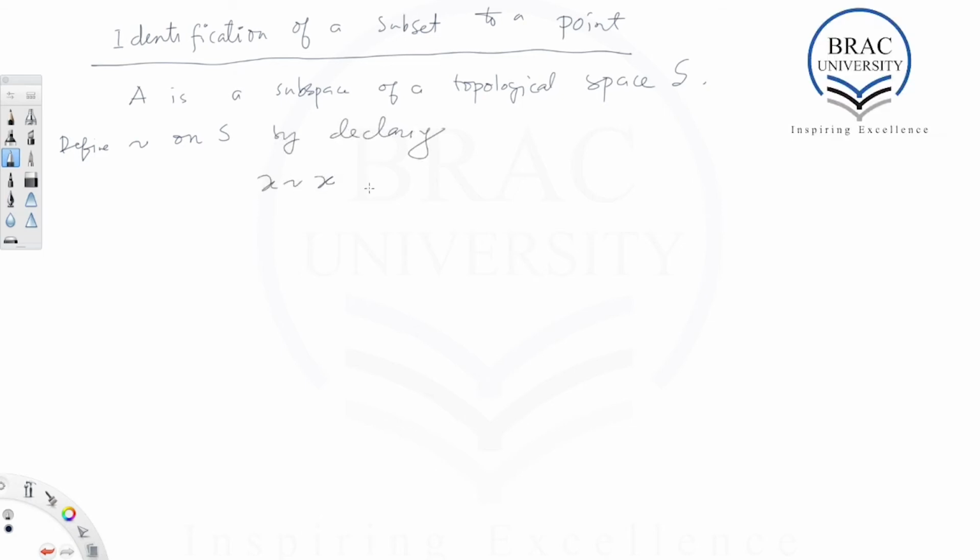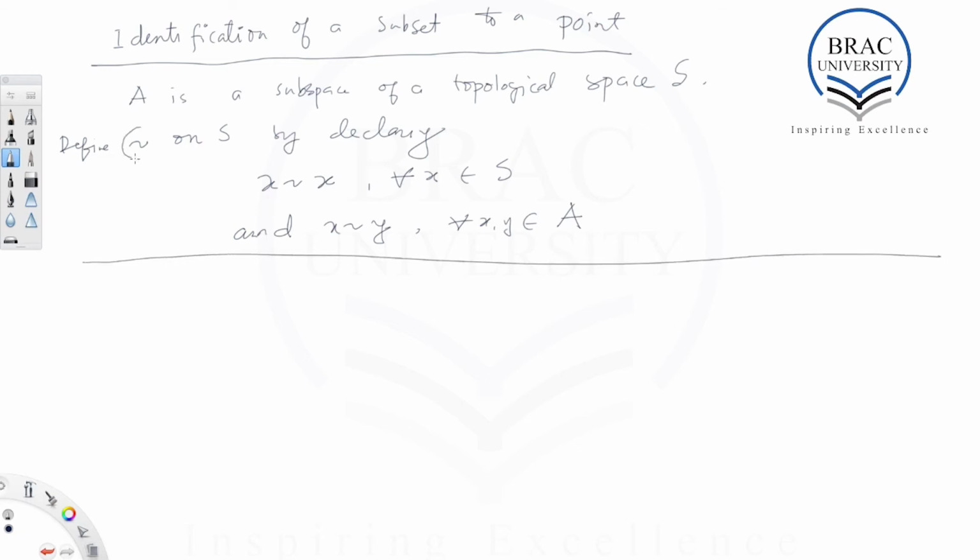x to be equivalent to x for all x in S, which is nothing but the reflexivity of an equivalence relation, and x is equivalent to y for all x, y in the subspace A. So that you collapse all the points on the subspace to a single point in the quotient space. It is immediate from this definition that twiddle is an equivalence relation.